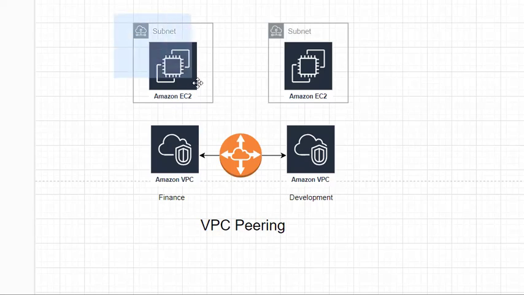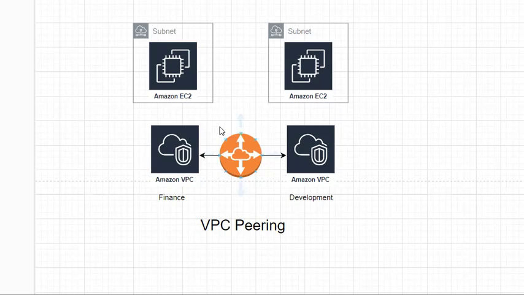Now I put this finance related server in a private subnet, and I put this development related server in a public subnet. Now I want to connect to this public subnet development server and check whether it can access the finance related server or not.